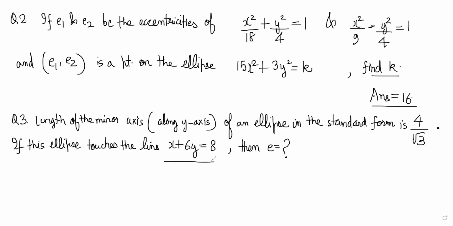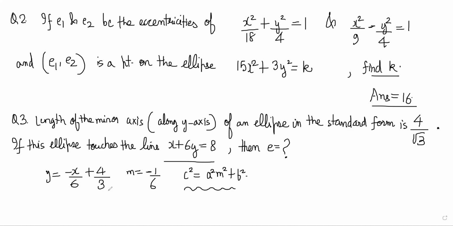And that should be the same as y is equal to minus x by 6 plus 4 by 3. So m is minus 1 by 6, and root of a square m square plus b square is 4 by 3. Correct?